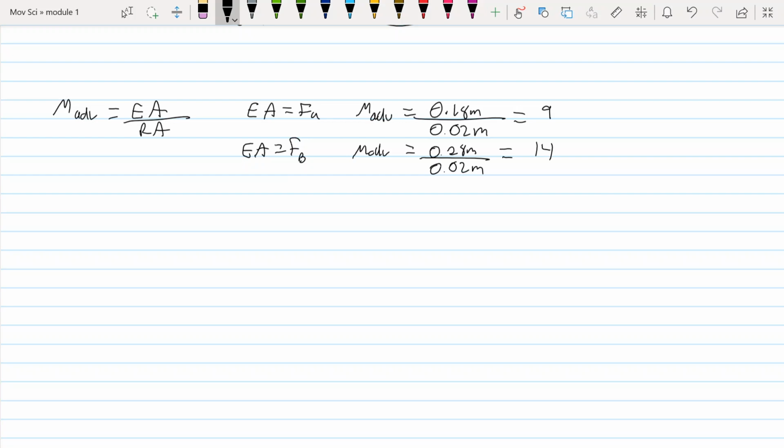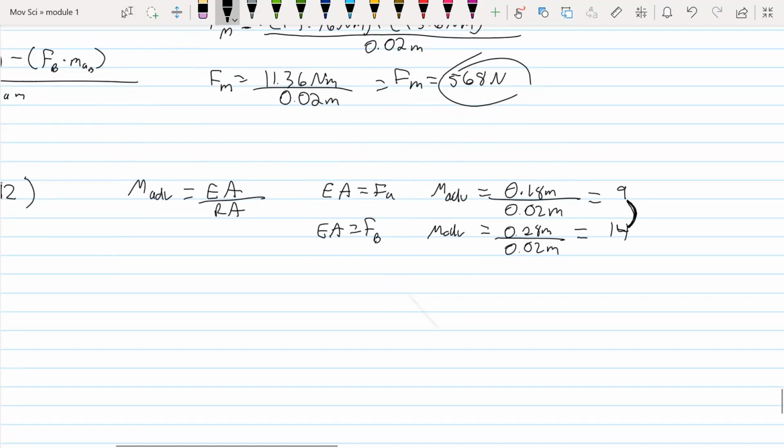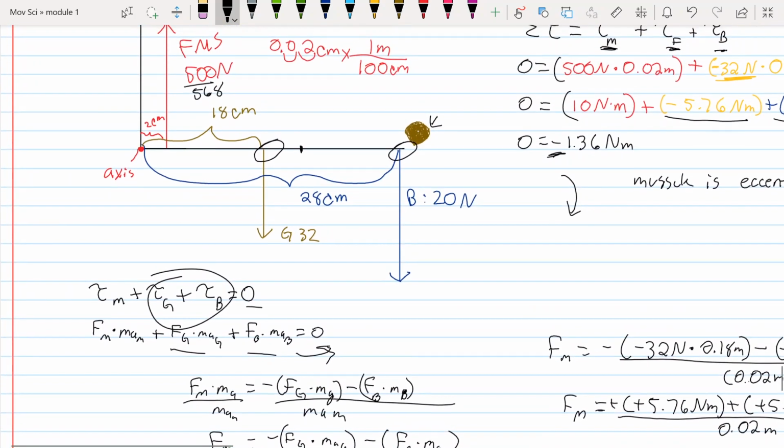So we know that the mechanical advantage has to be somewhere in between here. That means that the mechanical advantage is somewhere in between our 32 Newton force and our 20 Newton force. Since this number is bigger than this number, it makes sense that it's not going to be halfway in the middle. It's going to be a little bit toward our gravity of our forearm.